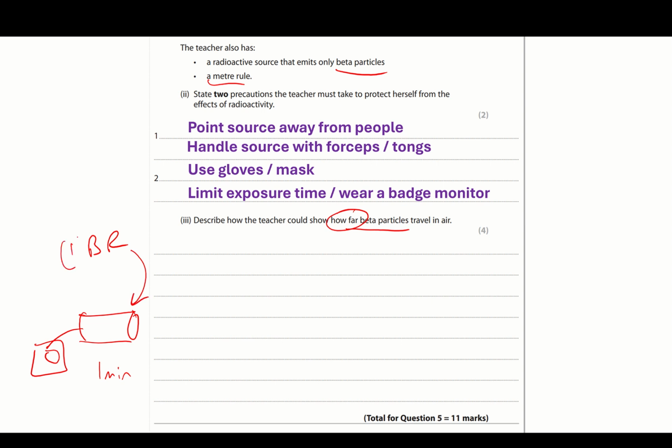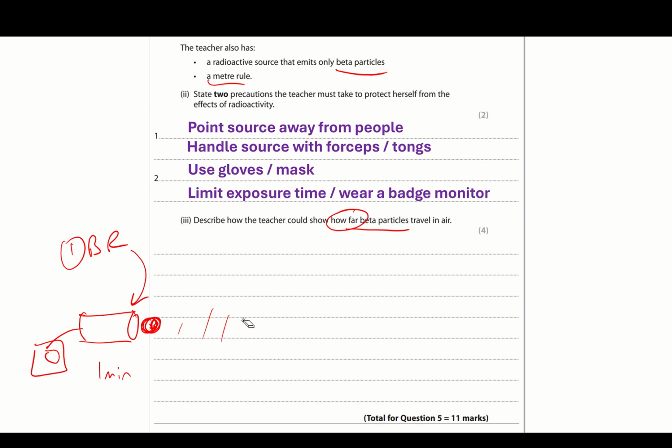So job number 1, find the background radiation. Next one, put the beta source, so I'll have that as my beta source, right next to it. Measure the counts every minute as I gradually move it over there. When this gets to the point that it matches background, then I know that this is how far they can go. This distance here. Woohoo!